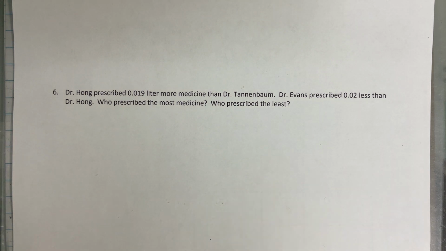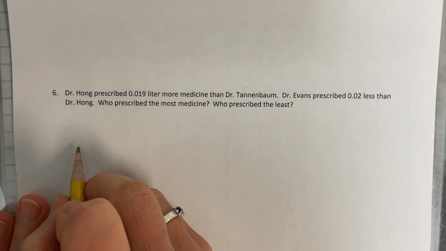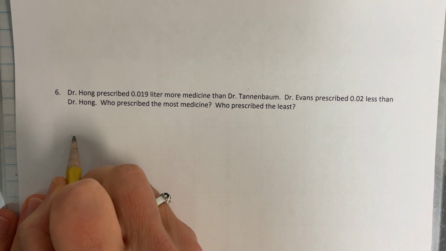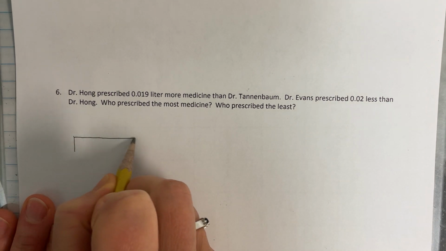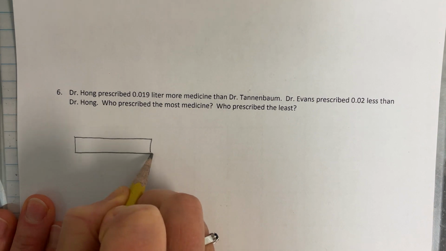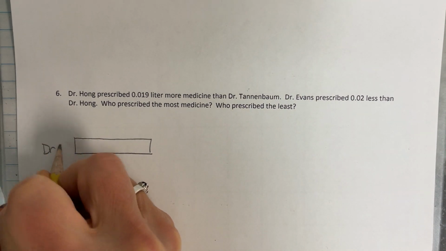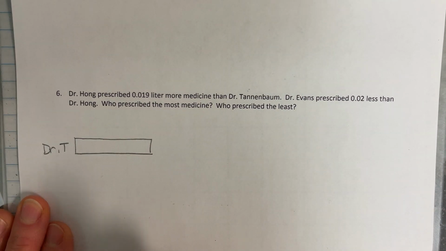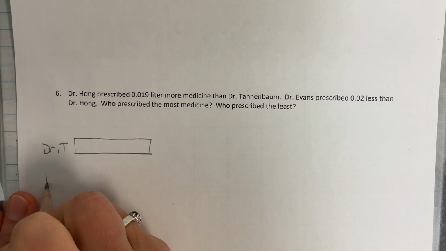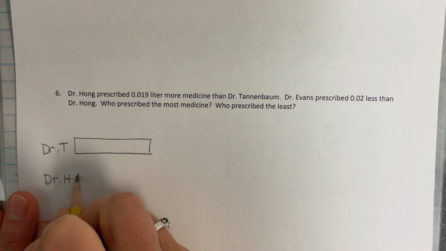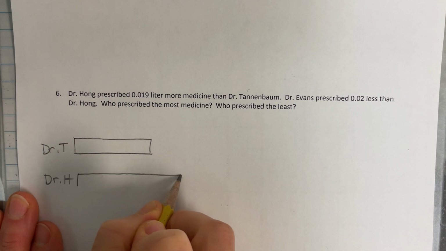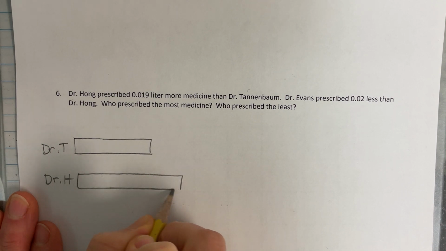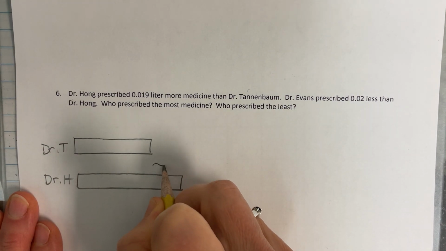So if Dr. Hong prescribed more medicine than Dr. Tannenbaum, that means his bar would be longer. So if I called this Dr. T for Dr. Tannenbaum, Dr. Hong prescribed more. So I'm going to make the bar a little longer. And how much longer is his bar?